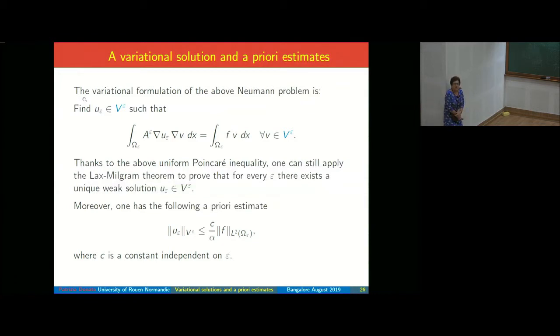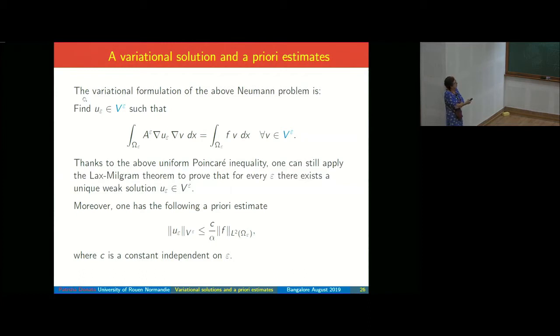What is the difference of this variational formulation with respect to that for Dirichlet? The equality is the same. The difference is the space.